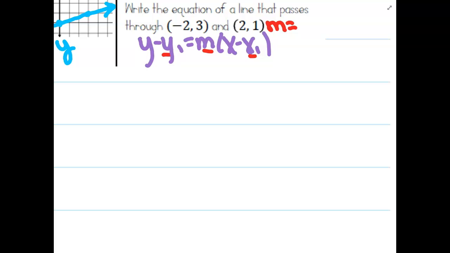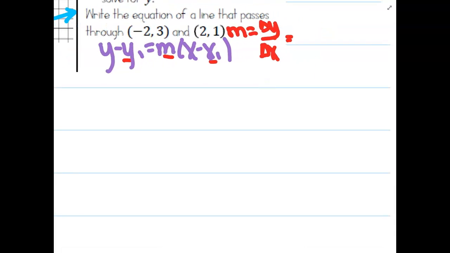Now, I'm going to do change in y over change in x. And then I'll show you that you get the same thing as if you do it the other way. Here's how, if you haven't done this before, you do change in y and change in x. To do the change in y, you're going to look at your two y coordinates, 3 and 1. And you're going to kind of picture a number line. You're standing on 3 and you need to get to 1.